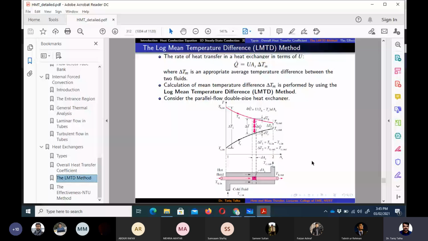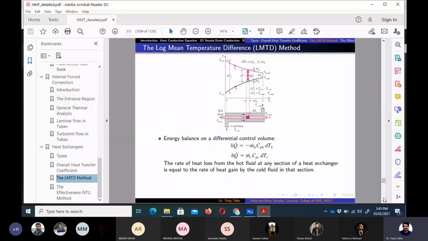If we first write the heat which is being lost by the hot fluid, that would be equal to minus m dot h Cph into dTh. The minus sign is here because dTh, if you see here, is being decreased, so it would be negative.